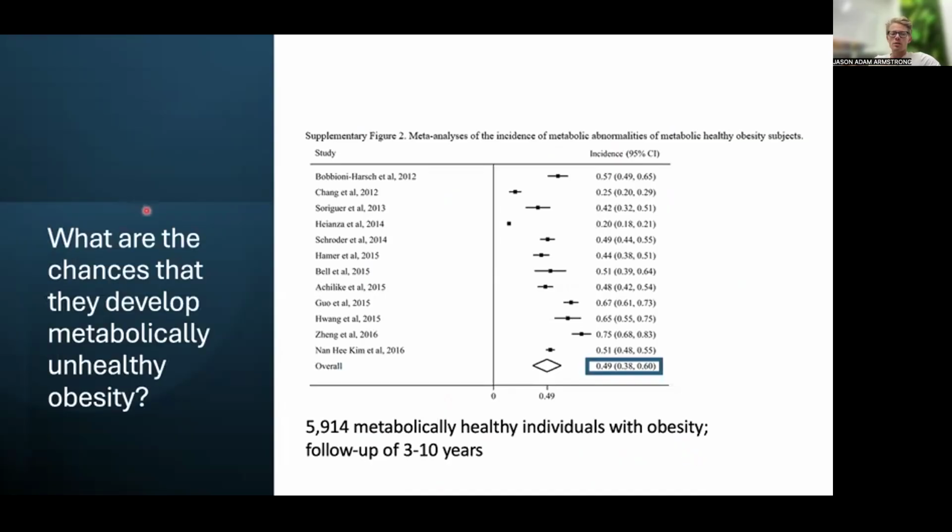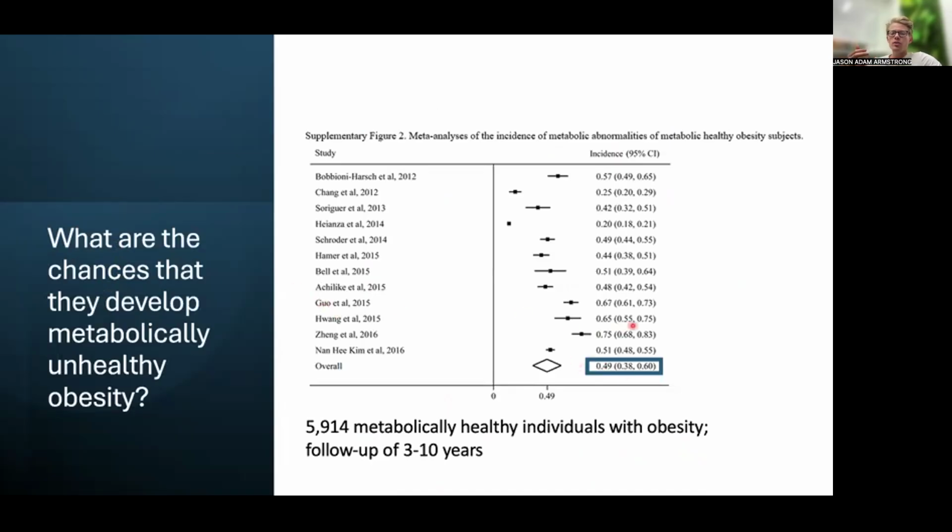But then the question also becomes, what are the chances that they develop metabolically unhealthy obesity? So maybe you're a metabolically healthy obese individual, you're part of that 35%, but what are your chances of then developing metabolically unhealthy obesity, which would contribute to further risk, right?